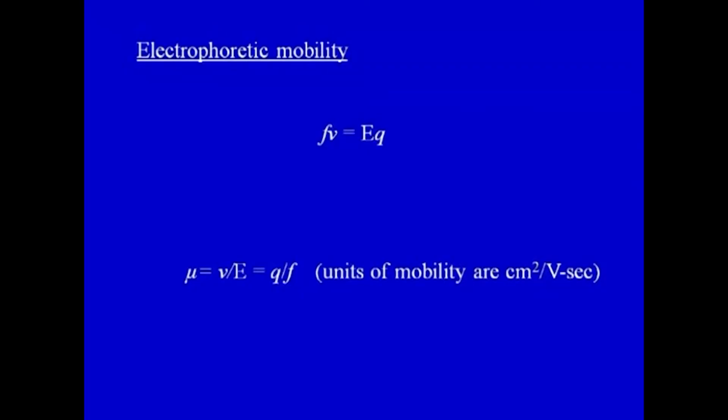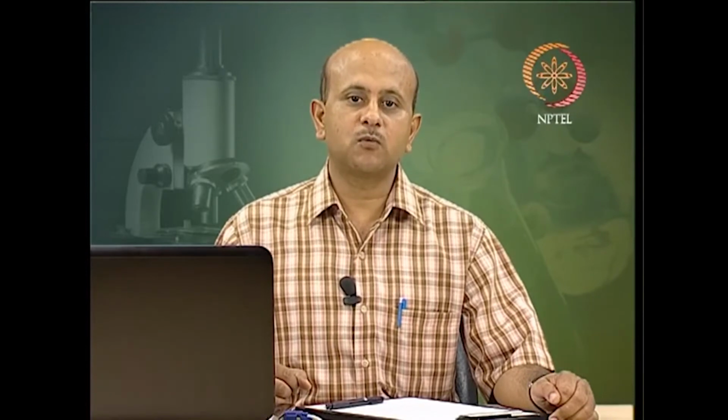Now, like I said, the more common term utilized for the migration of a charged particle is electrophoretic mobility. As the ion moves or accelerates, a frictional force opposes the forward motion. In the beginning, as a charged particle is put under the influence of an electric field, it moves towards the opposite electrode and accelerates through the medium, but as it accelerates, a frictional force comes into existence and opposes the forward motion of the charged species.